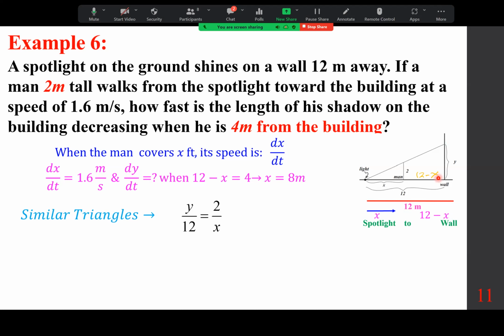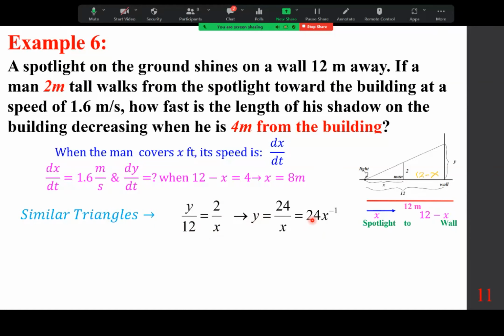So from the big one, y and 12, then in front of y we have 2, in front of 12 we have x, and all we have to do is solve for y and differentiate. To solve for y, I'm going to multiply both sides by 12. I get 24 over x, or 24x to the power of -1. As long as we do this drawing and writing and consider the similar figures, pretty much the rest of it is very simple.